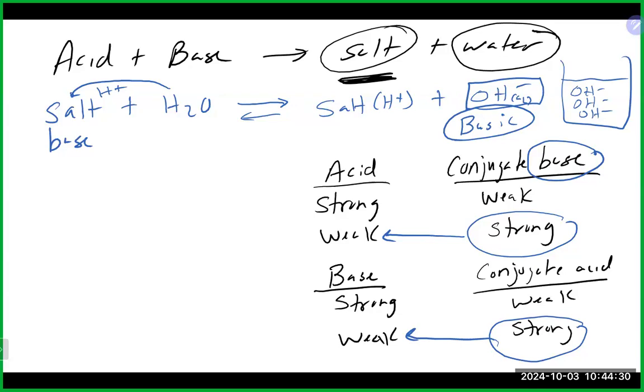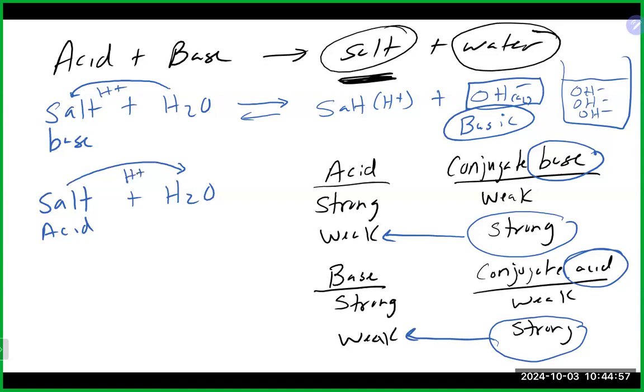Any questions on that? Now, we could also have a salt that can react with water, but maybe it came from a weak base, which means it would be the conjugate acid, and it could also behave as an acid. The definition of an acid, right, is something that will donate an H plus. So this salt will send the H plus over to the water.